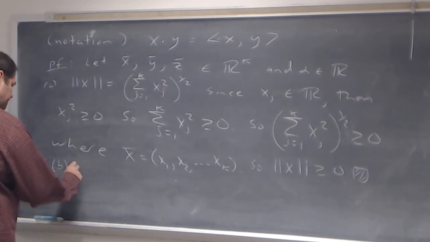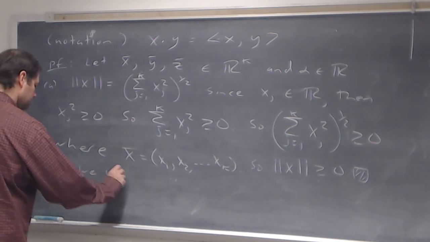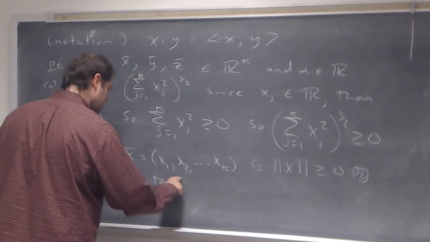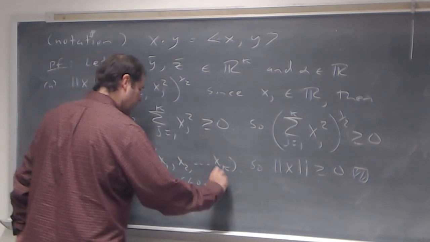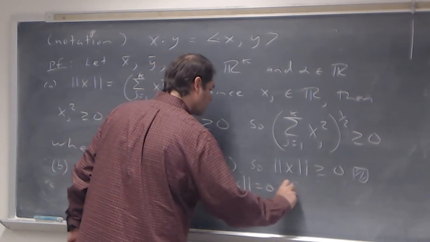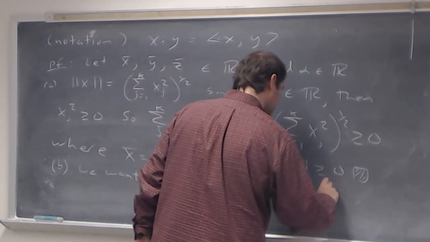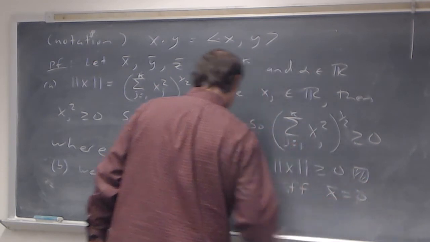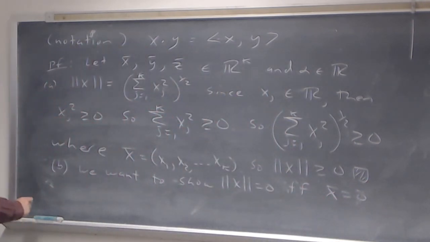we want to show that the norm of x equals 0 if and only if x equals 0. And so here's the proof in this direction. It's an if and only if statement, so we're going to have two parts to this proof.